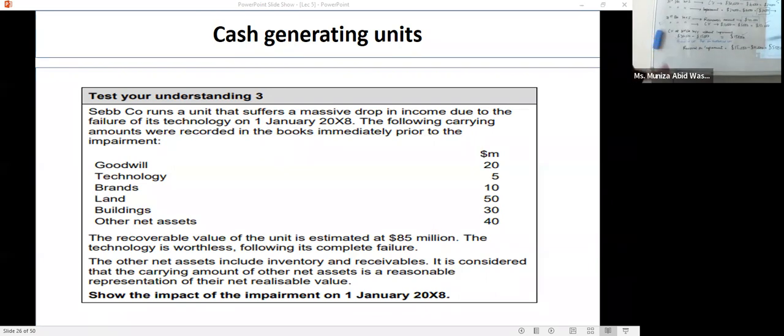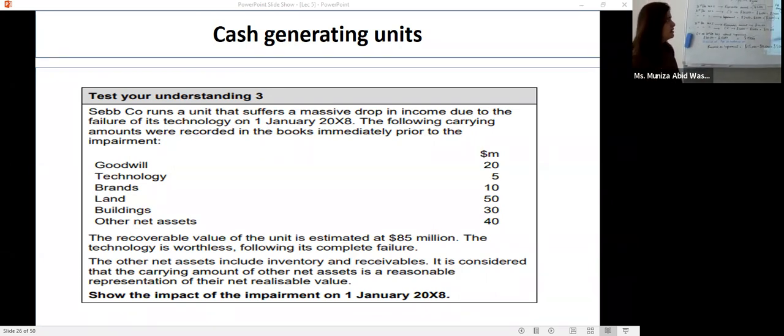Okay, show the impact of the impairment on 1st January 2008. Said company runs a unit that suffers a massive drop in income due to the failure of its technology on 1st January 2008. The following carrying amounts were recorded in the books immediately prior to the impairment. So prior to the impairment, the carrying values of the assets in the books of said company were like this: goodwill, technology, brands, land, building, other net assets.